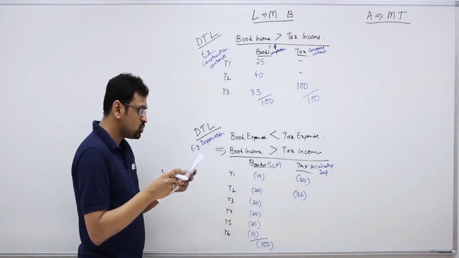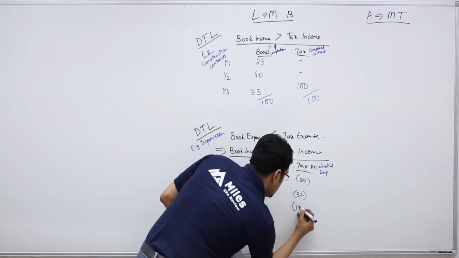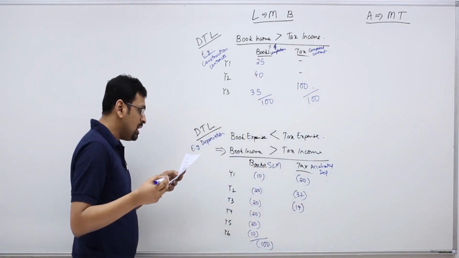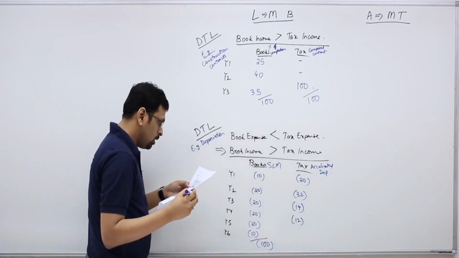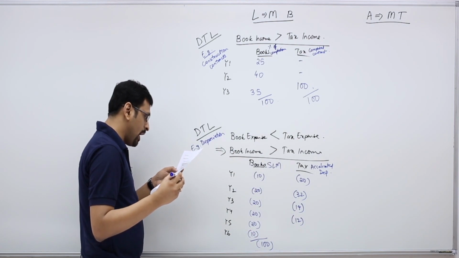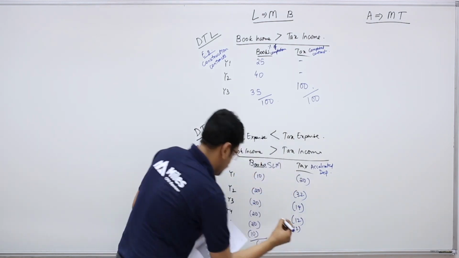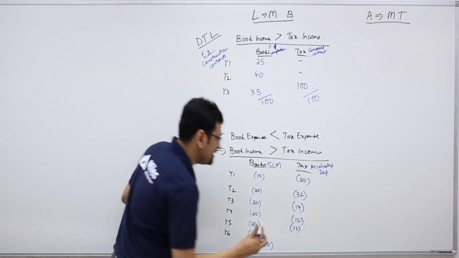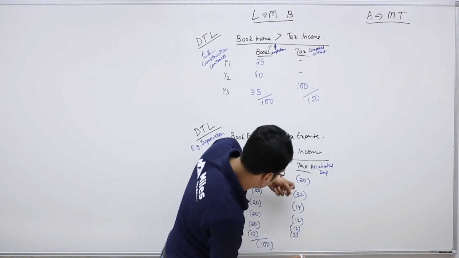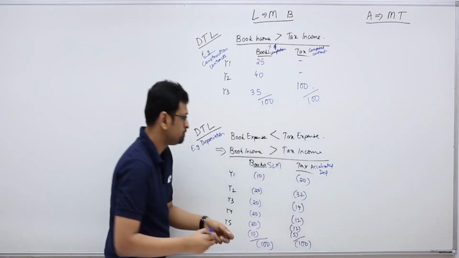In year 3, it's going to be 19.2%, so I'll say it's 19. Year 4 is going to be 11.52, I'll say it's 12. Year 5, again 11.52, I'll say it's 12. And year 6, you're going to have 5.76. Let's make it 5. So this should calculate to 100 of depreciation.